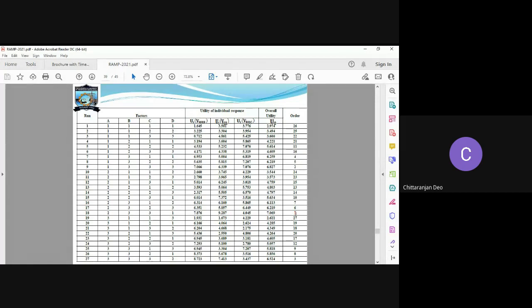It means that when the applied voltage is at level 2, feed rate is at level 3, electrolyte concentration at level 3, and percentage of reinforcement at level 1, at that time we are getting the optimum utility value.